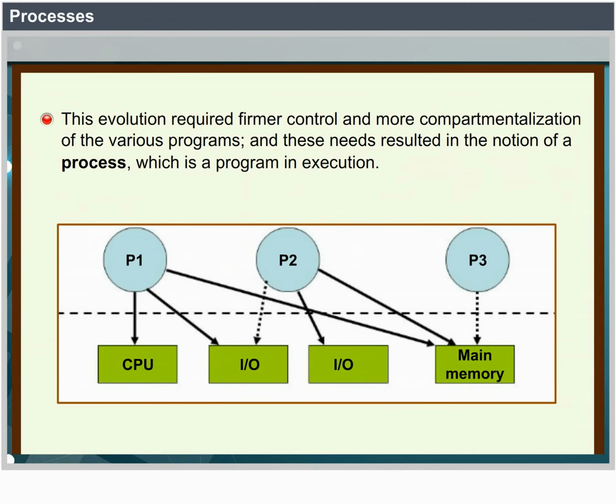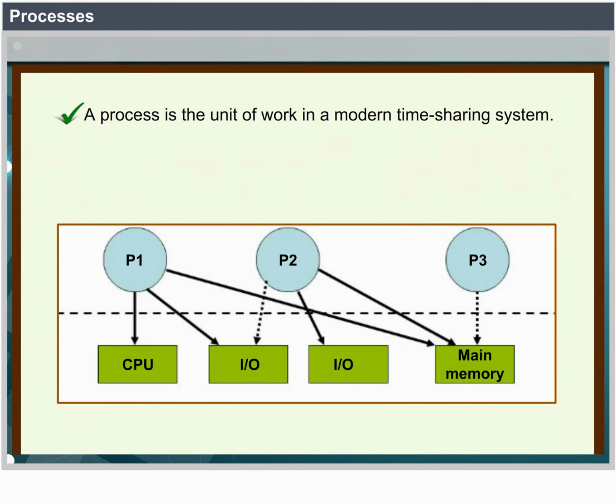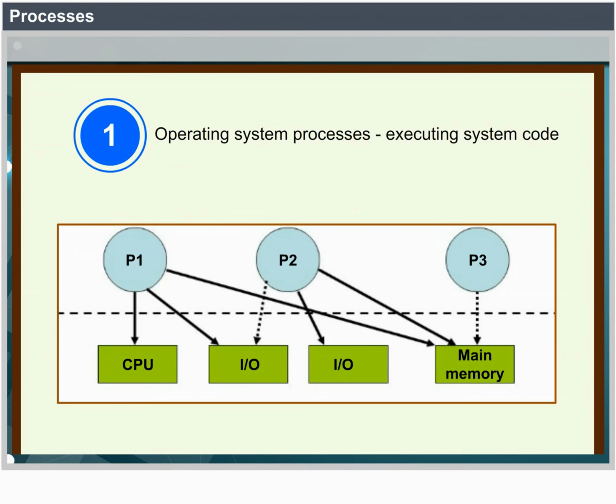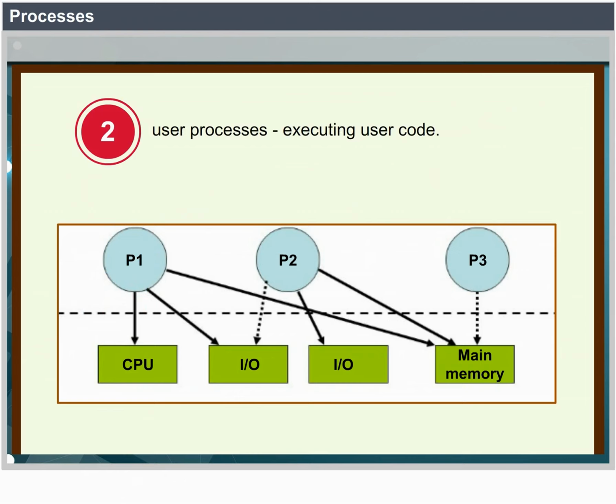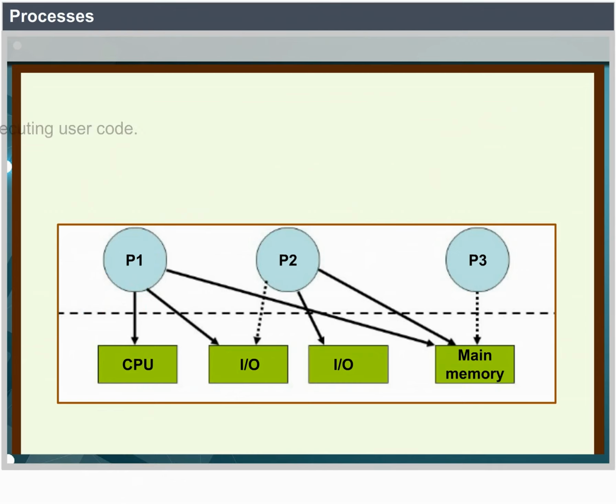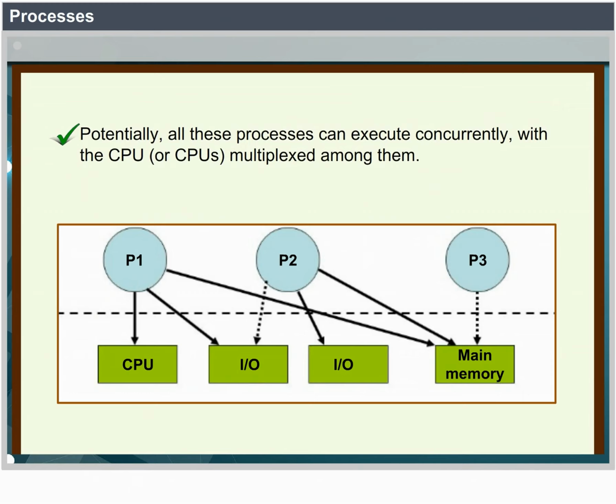A process is the unit of work in a modern time-sharing system. A system, therefore, consists of a collection of processes: operating system processes, executing system code, and user processes, executing user code. Potentially, all these processes can execute concurrently with the CPU or CPUs multiplexed among them.